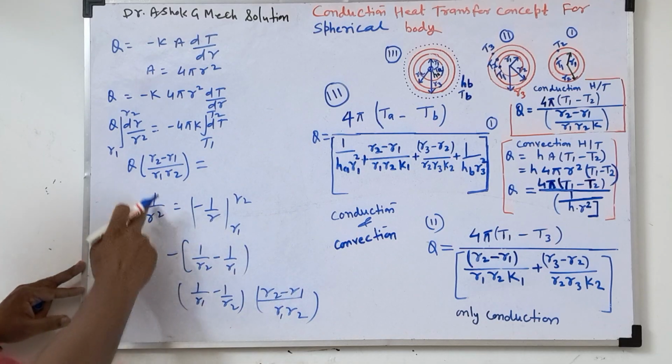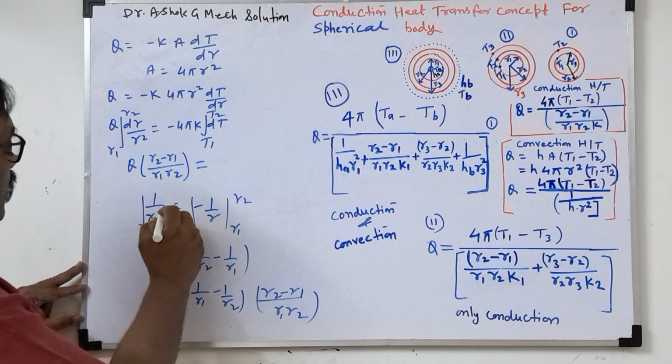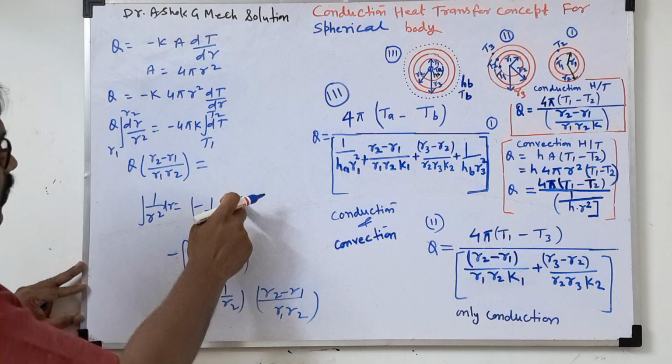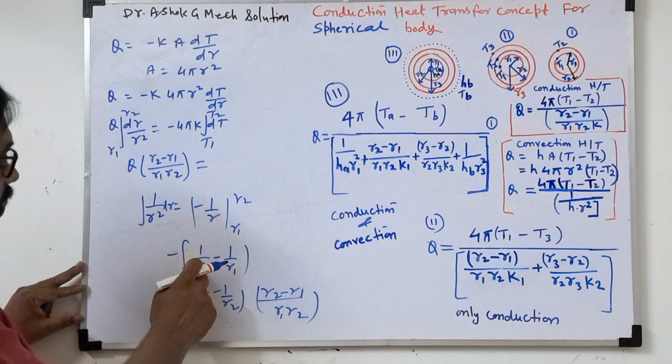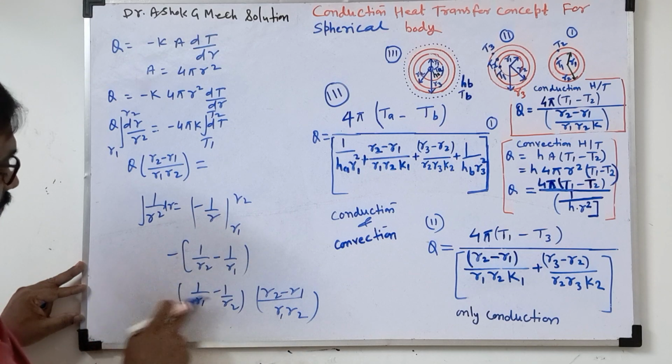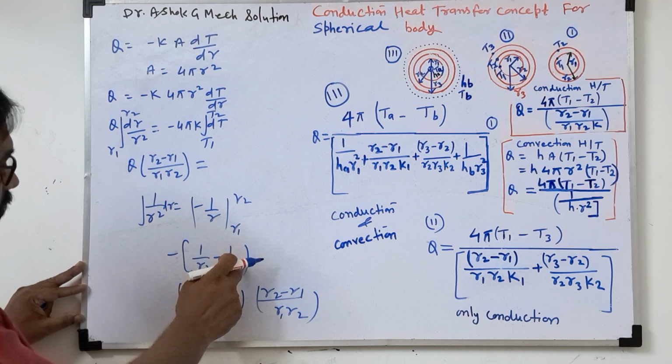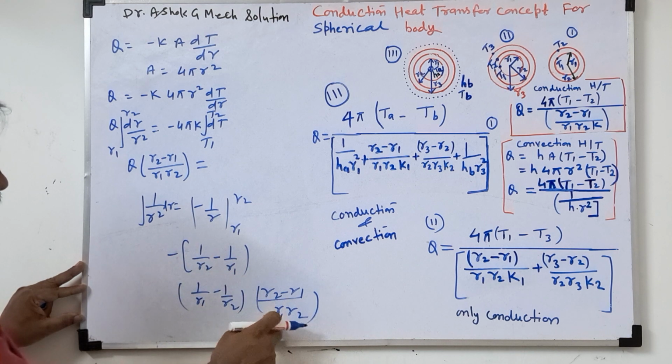The integral of dr by r square is minus 1 by r; upper limit minus lower limit, minus taken out, this becomes negative and this becomes positive. So this way we take the LCM r1 r2.